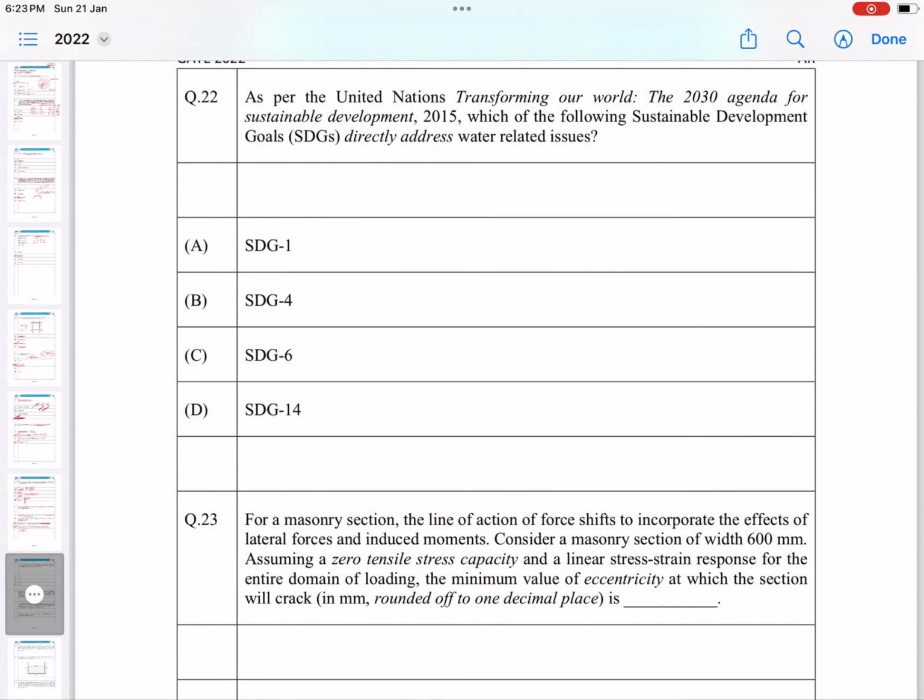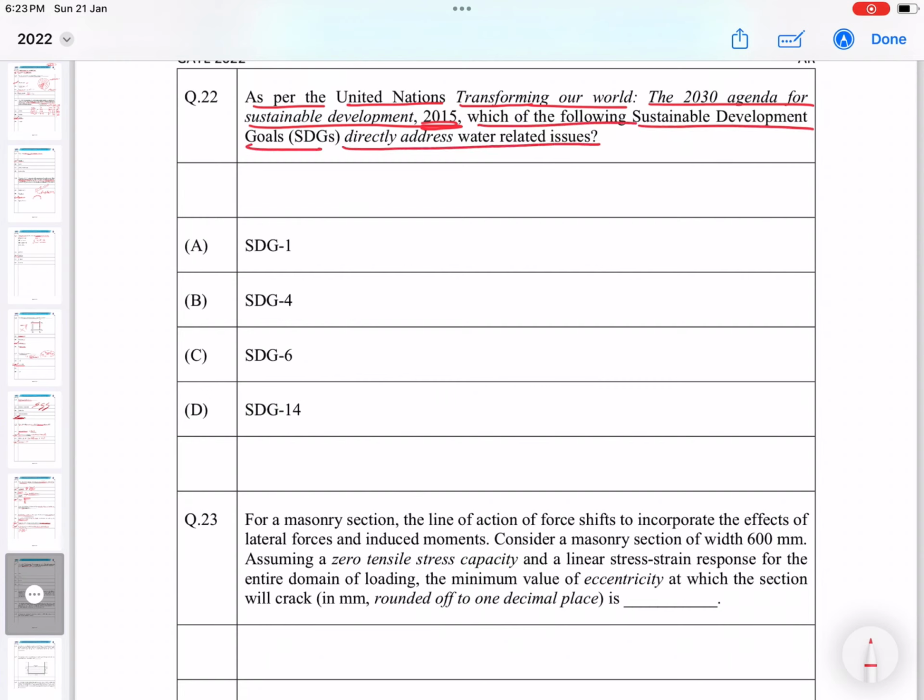Moving on to question number 22. As per the United Nations Transforming Our World, the 2030 Agenda for Sustainable Development, 2015, which came out in this year, which of the following sustainable development goals directly address water related issues? There are a total of 17 goals, I hope you know. I think you should not necessarily read these in detail, but at least you should know what goal 1 stands for and what goal 2 stands for.